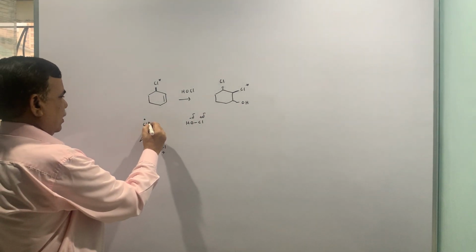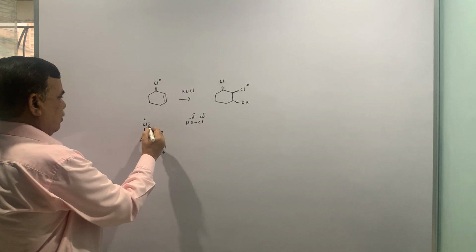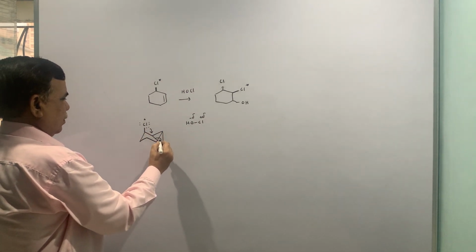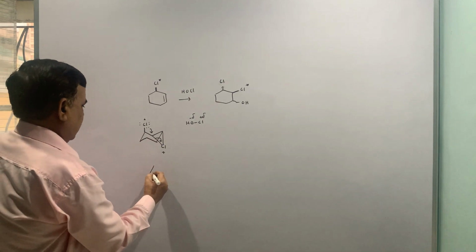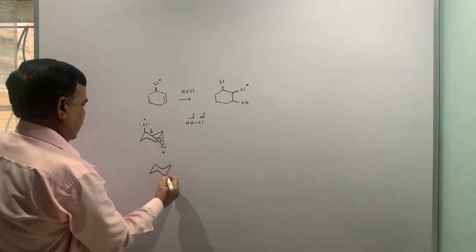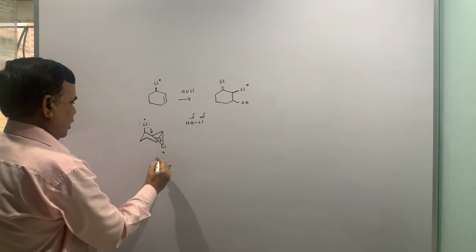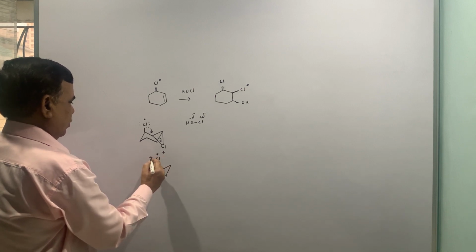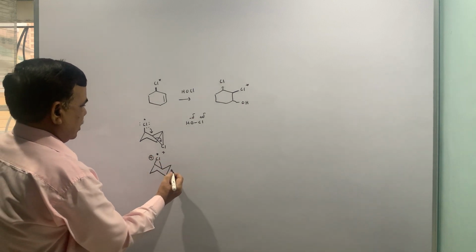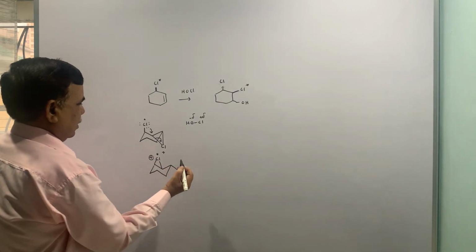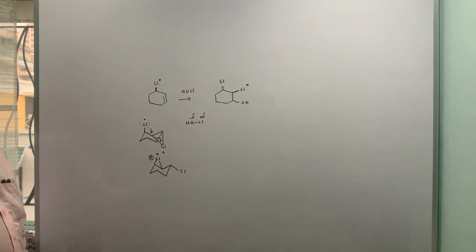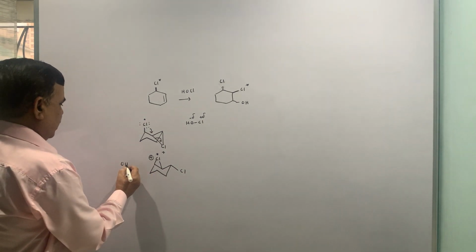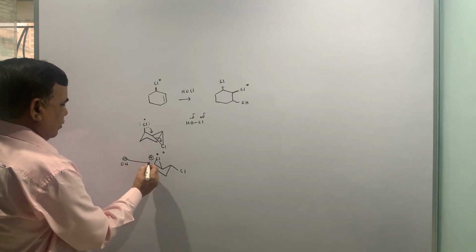Then this chlorine will have 3 lone pairs, and it gets transformed into another chloronium ion wherein your labeled chlorine is involved. I will put the label and positive charge on this. This is Cl, which is obviously alpha equatorial. Then your OH minus comes into the picture.